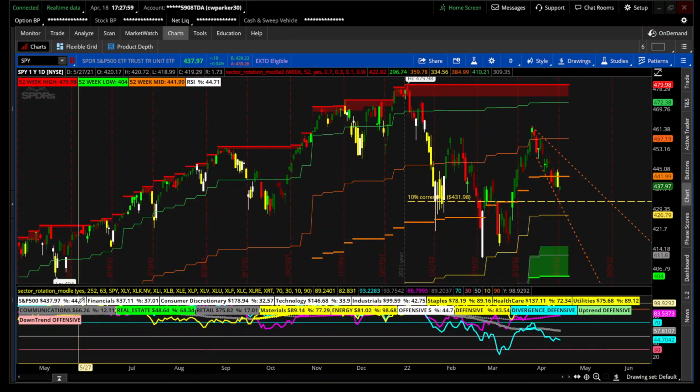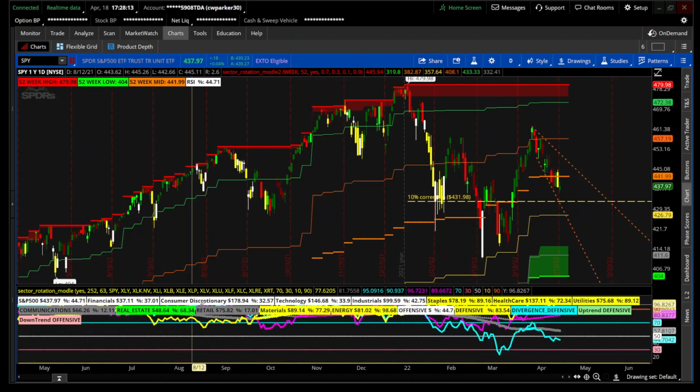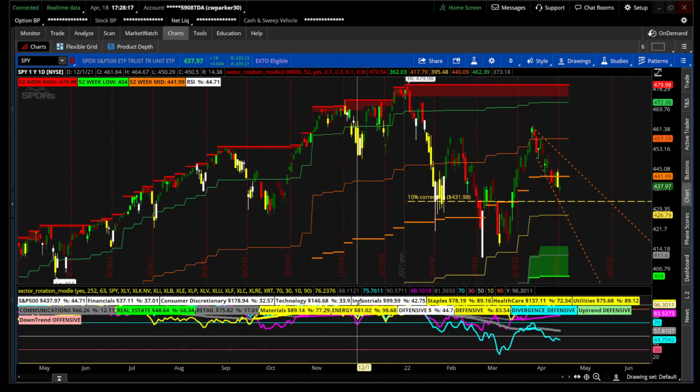Just like RSI, if a value is between 50 and 30, it's considered neutral. If you look at the percentage for these stocks, this second number, they're all below 50, but they're greater than 30. So that's why all of these are white.